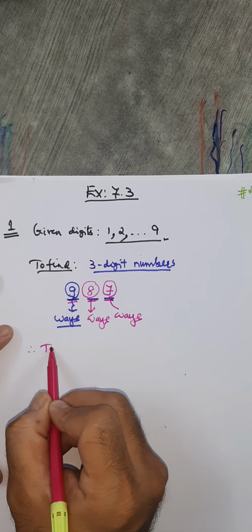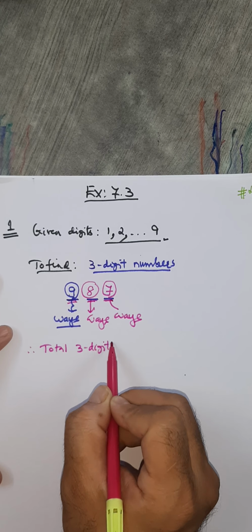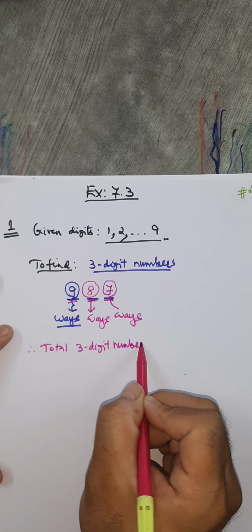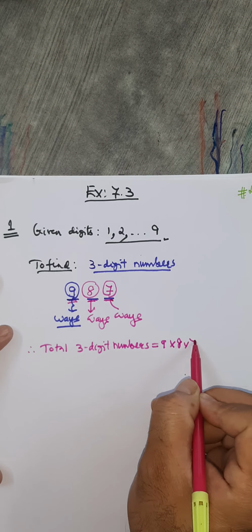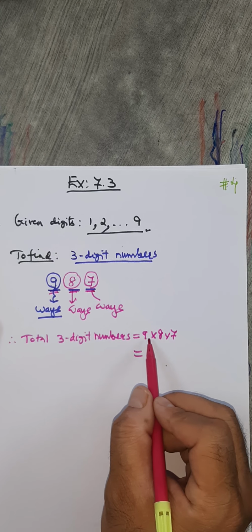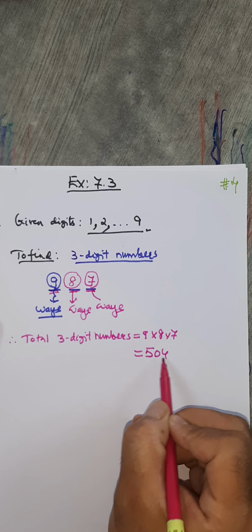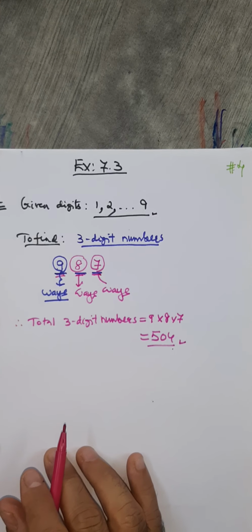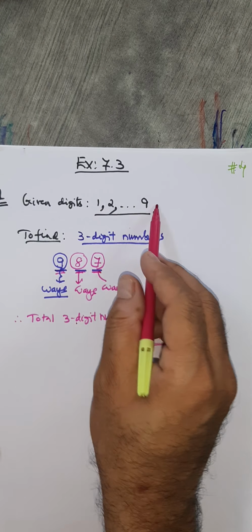So total 3-digit numbers equals the product of these 3: 9 into 8 into 7, which is 72 into 7, so you'll get 504. So 504 3-digit numbers are there using 1 to 9.